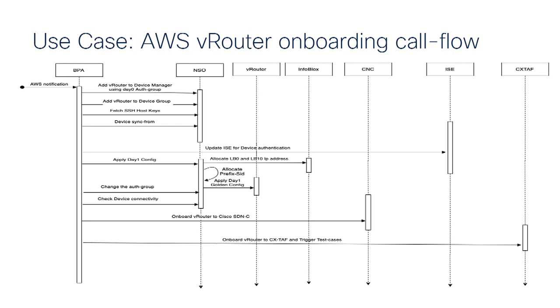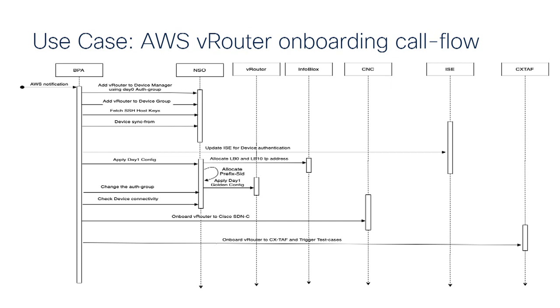Then we add all of those vOrders, or any devices that we are onboarding, to the device group. These device groups get created based on the regions or market, automatically based on host name. And then we also fetch keys. We do a sync, and then we try to update the ICE so that we can orchestrate the device through the ICE instead of going through a static auth group.